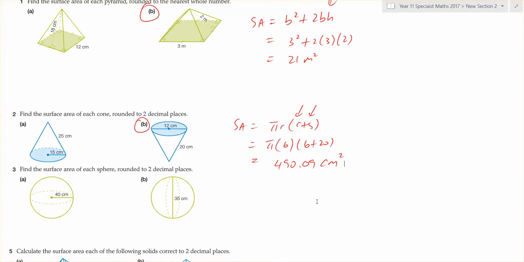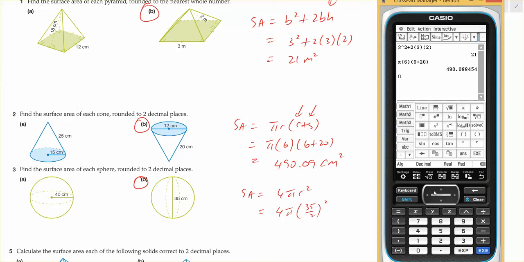Let's go to 3b. We're looking at a sphere. The surface area of a sphere is given by 4 pi r squared. Again, we're given the diameter, so it's 4 pi times r, where r is 35 divided by 2. You can just divide by 2 to get the radius.